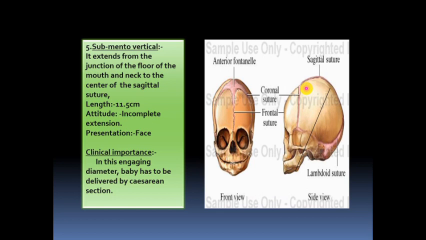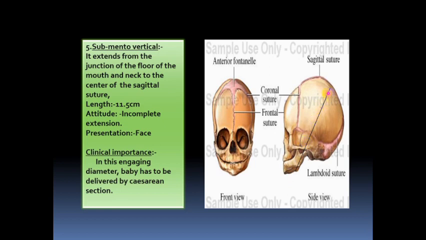If the head undergoes incomplete extension, then the presenting diameter now will be submentovertical, which is the diameter extending from the junction of the floor of the mouth and the neck up to the center of the sagittal suture.